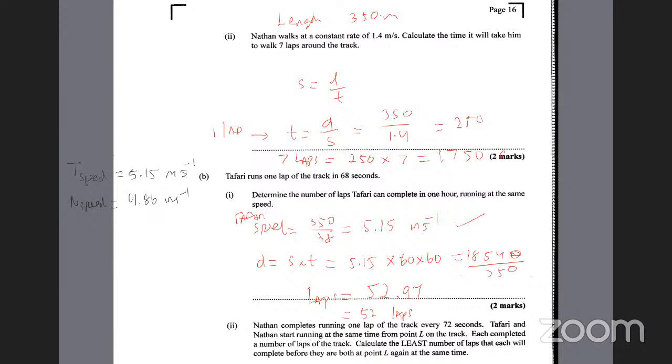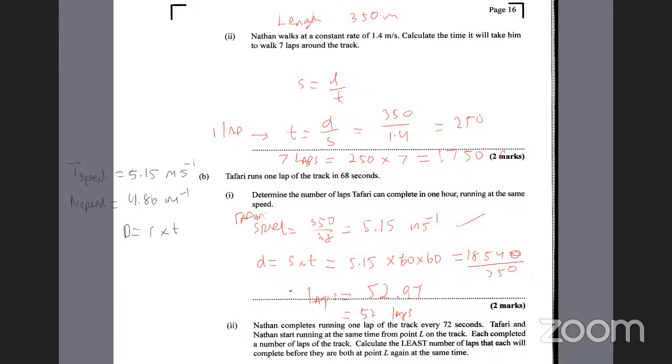Okay, nice. So we have their speeds, and here's what they want. They want the least number of laps that each will complete before they are both at L again at the same time. So they want the time taken at those speeds to cover equal distances. So basically, the distance that they're both going to cover, distance is speed by time, has to be the same, right?